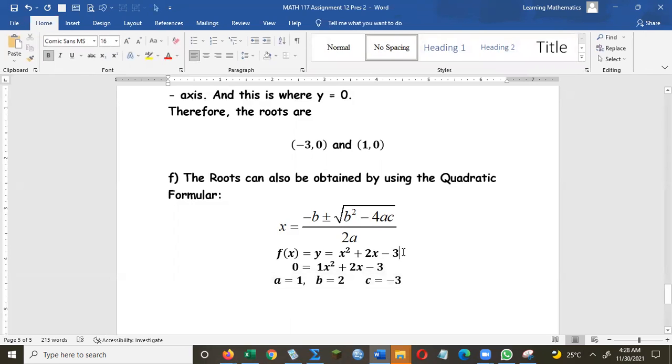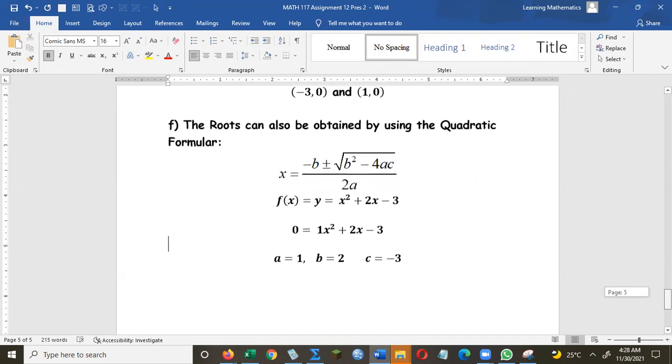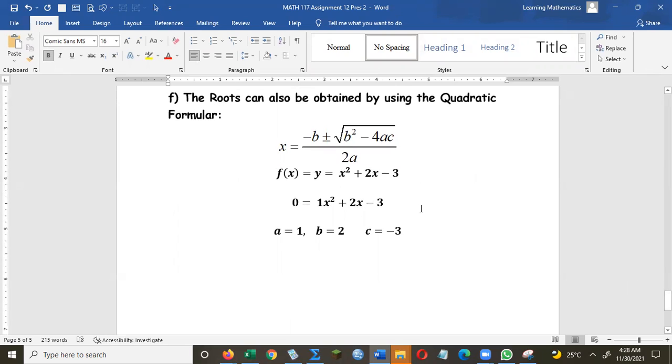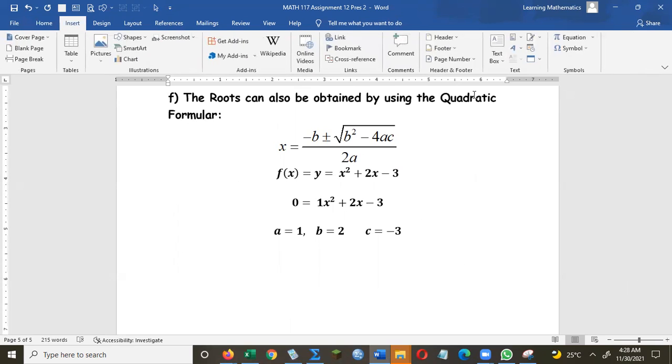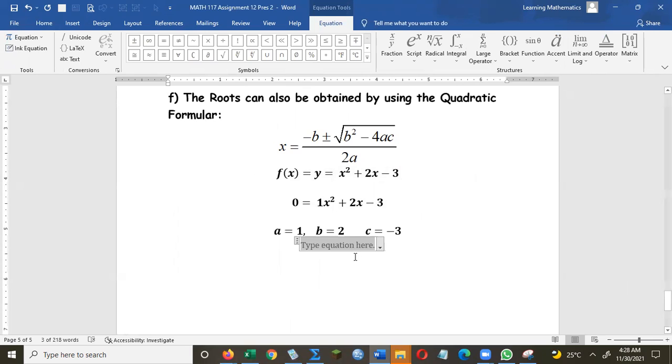So you're going to substitute into the quadratic formula to solve for x. So get two values.